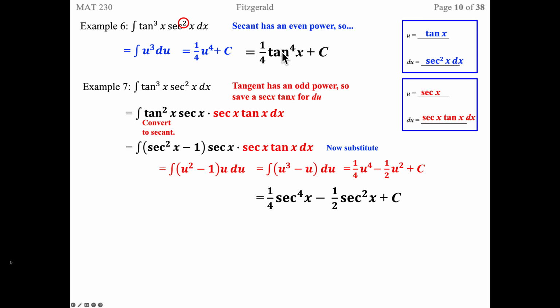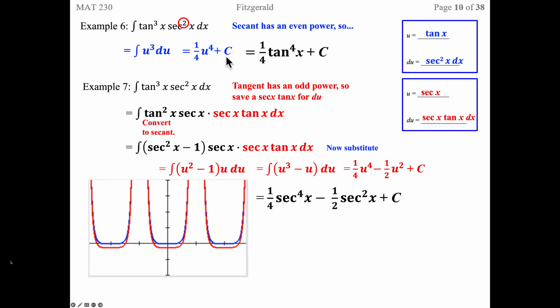So I went to my calculator and I graphed this into y1, and then I graphed this into y2. This is my blue graph, this is my red graph, and as you can see, they're the same size and shape, just one shifted lower or above the other.